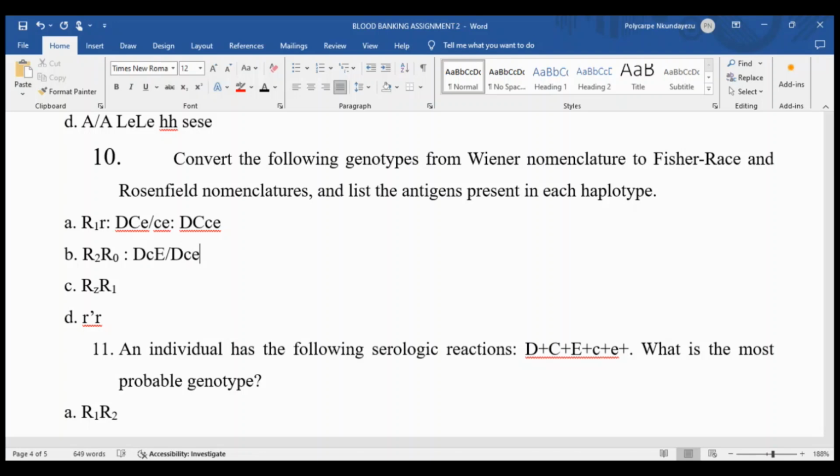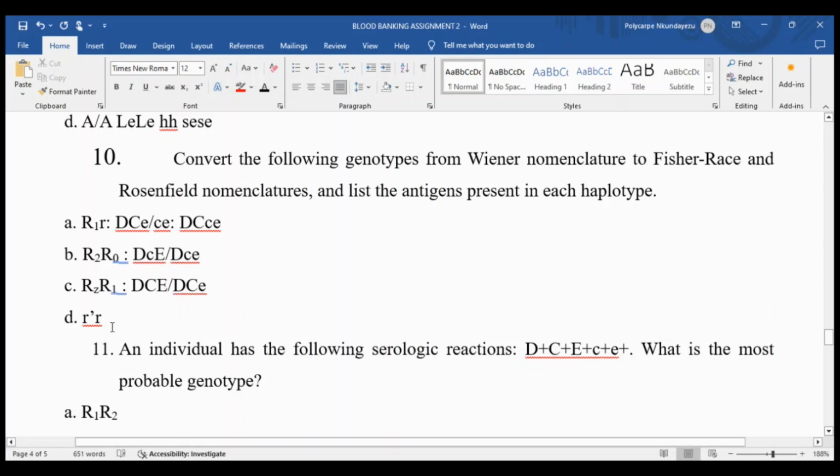Okay, thank you so much. Helen wants to say something about this, the C and the D. We still have this. Helen, yes. What about RZ and R? Okay, thank you.